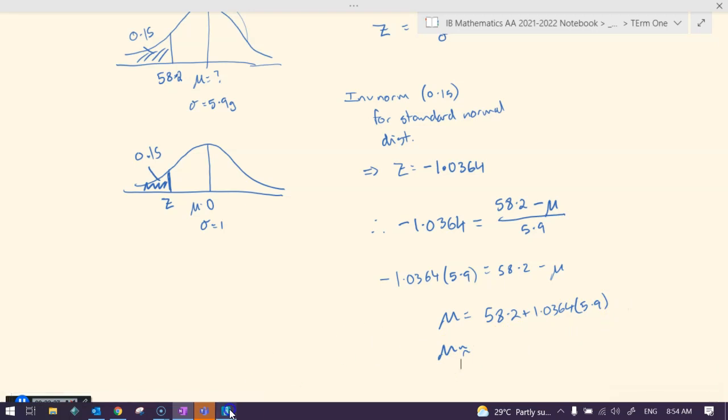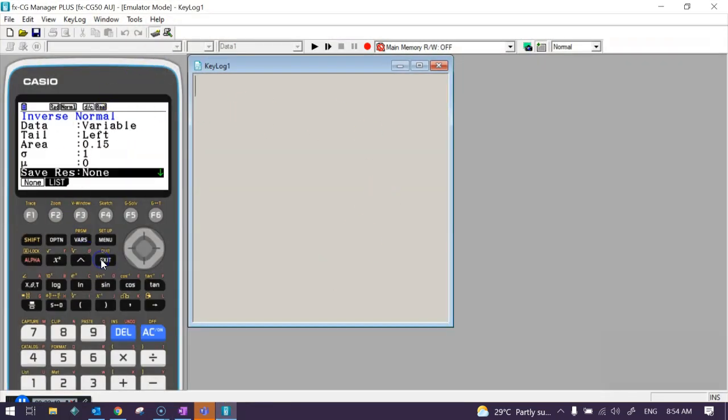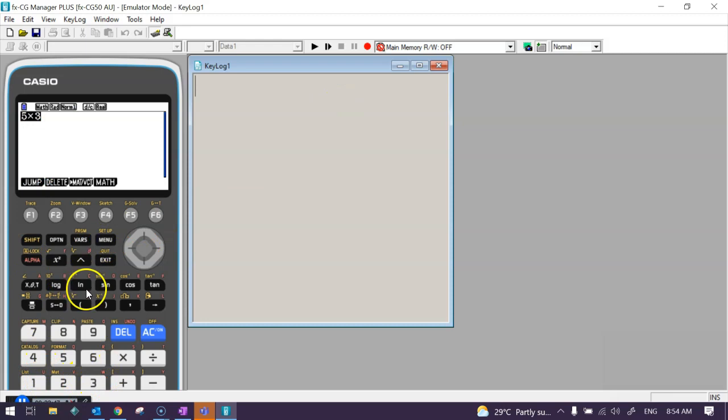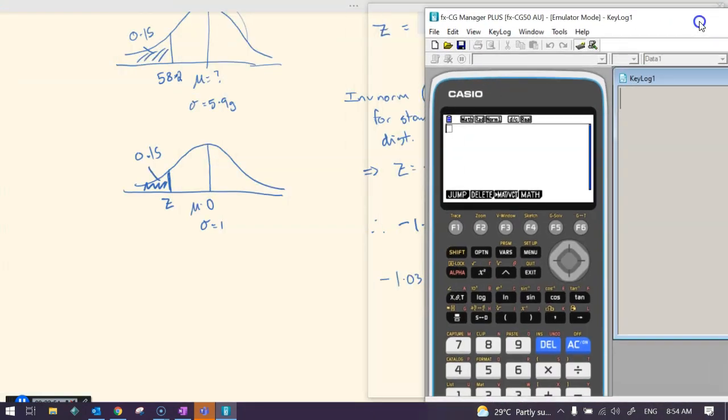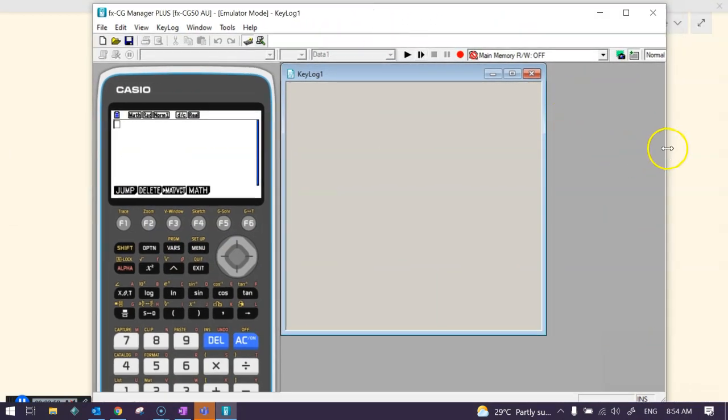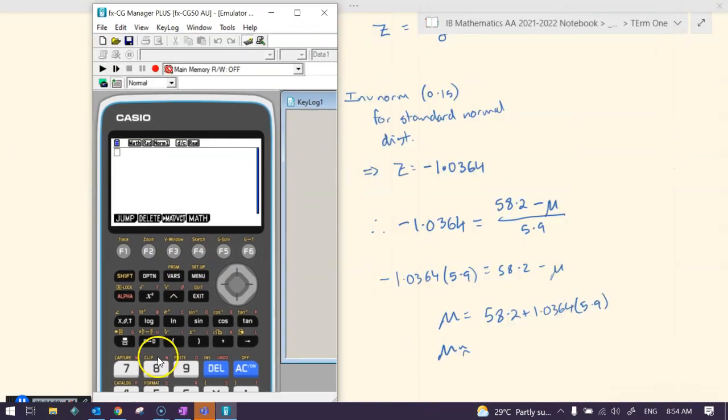And we can go ahead and do that on our calculators. So we can see what it is we're trying to calculate. 58.2 plus 1.0364 times 5.9.